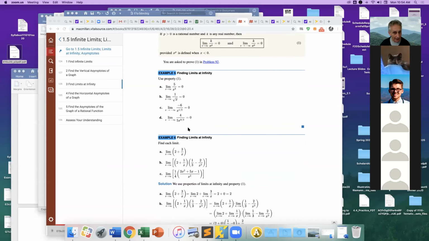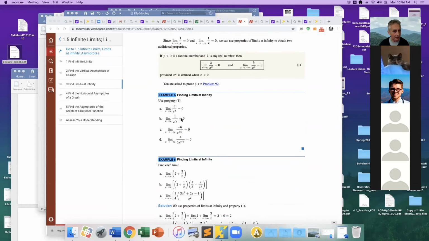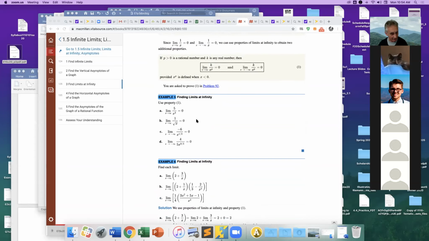Also, I want to recognize this: look at these examples, example 5. As x goes to positive infinity, the denominator's getting huge. 5 is a constant. Doesn't matter if it's 5, doesn't matter if it's 1,000,000. As you go to infinity, 1,000,000 becomes nothing, okay? So the denominator's getting huge, this is going to 0.